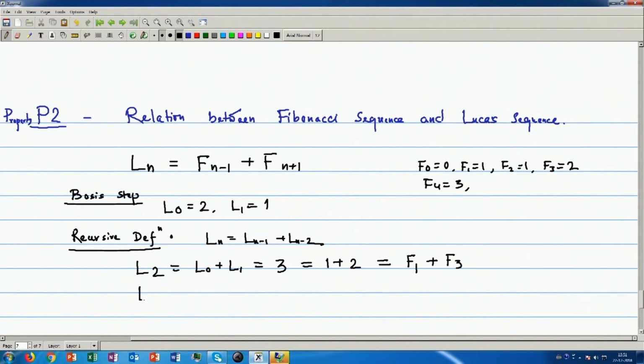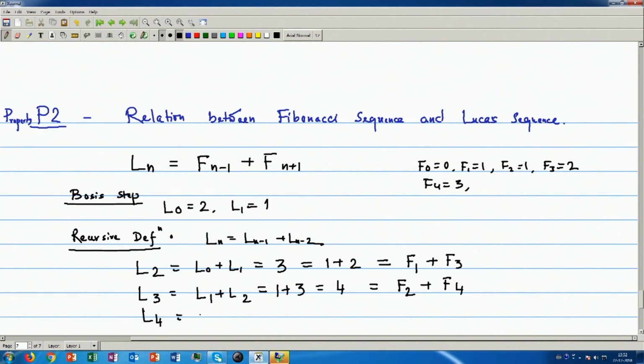So, what is my L 3? L 3 is L 1 plus L 2, and L 1 is 1, L 2 is 3. So, this is 4, which is 3 plus 1, that means f 2 plus f 4.